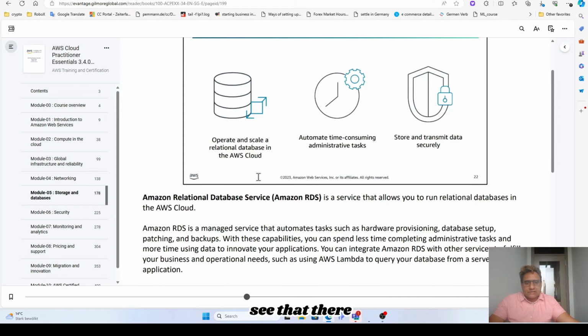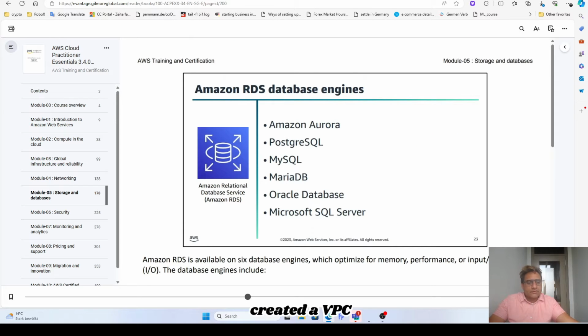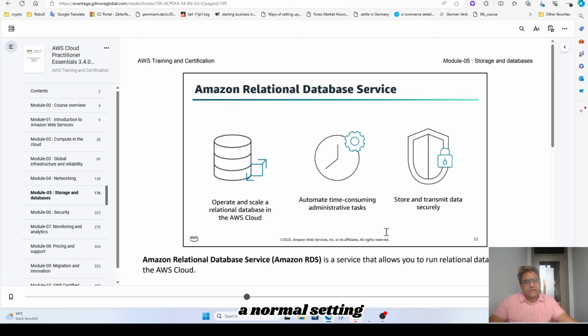There are some automation tasks it can do, some operational stuff and scaling stuff. For example, in a normal setting, I remember you didn't plan the database very well, and at that time the storage was so costly, and you managed to run your application on a small database on a small computer. It turns out that many users start using it, and at some point you figure out that your storage is full and you need to migrate to another computer.